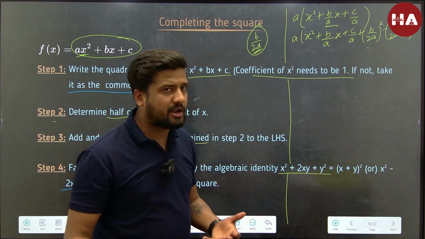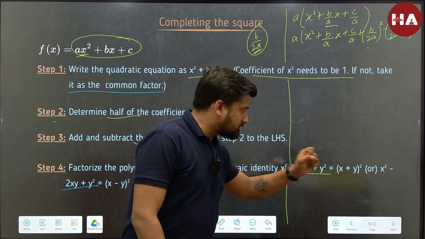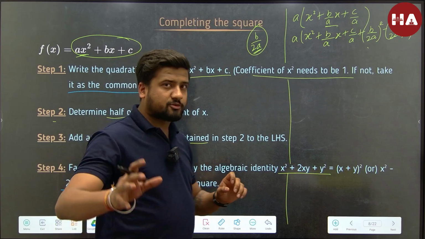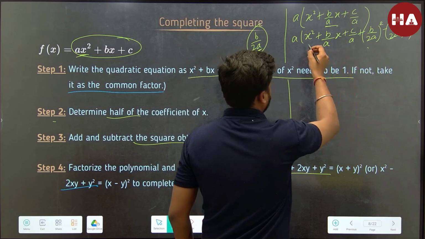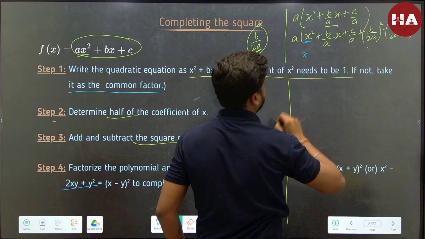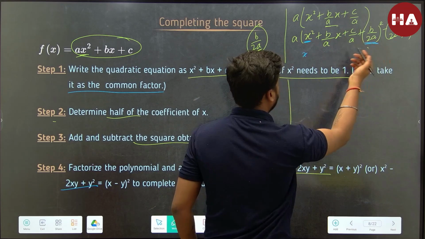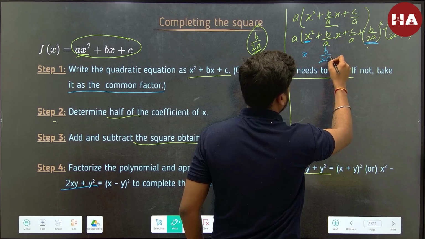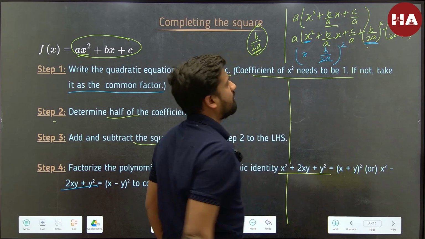Now how to figure out whether it is x plus y whole square or x minus y whole square? Just a short trick. This is your first term x, this is your second term, b over 2a, whole square of it, always.